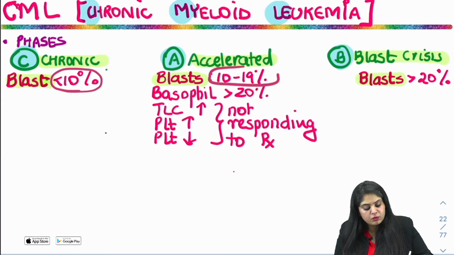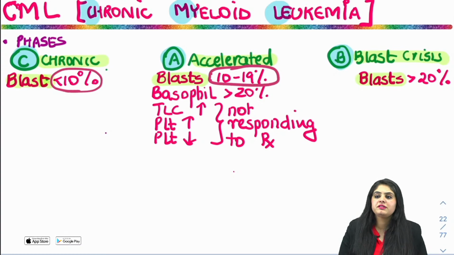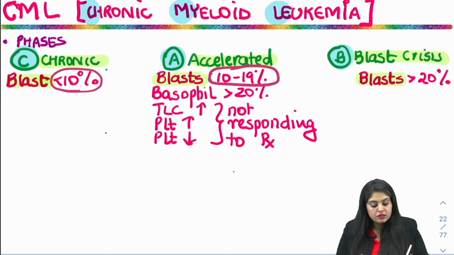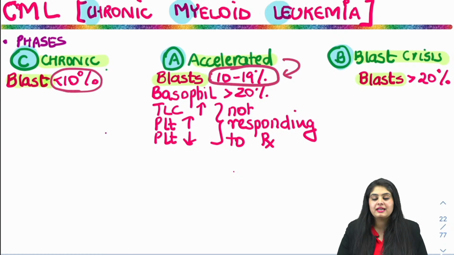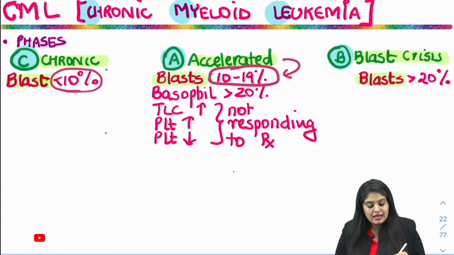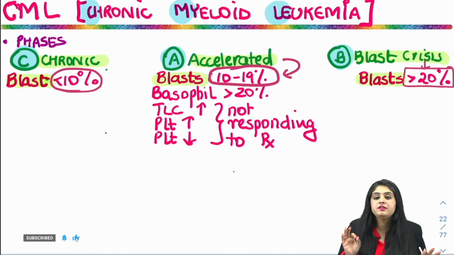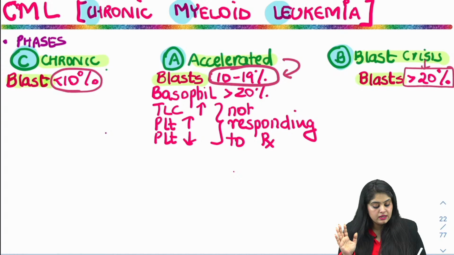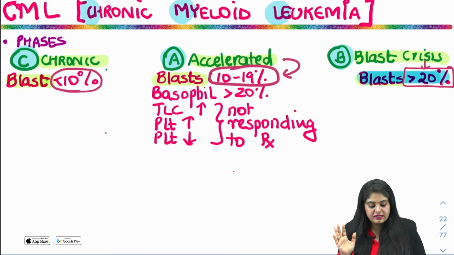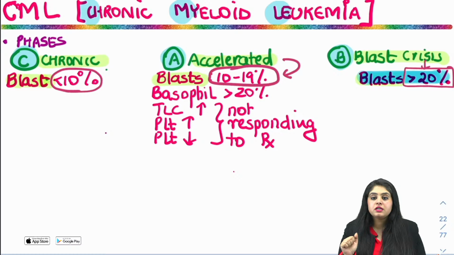What do you mean by acceleration? Acceleration basically means it's going a little higher, something is picking up speed. So the blast count has gone up to 10 to 19%. And in blast crisis, crisis means I have gone into crisis. Crisis for me is always 20%. Think logically. Blast has crossed 20%.